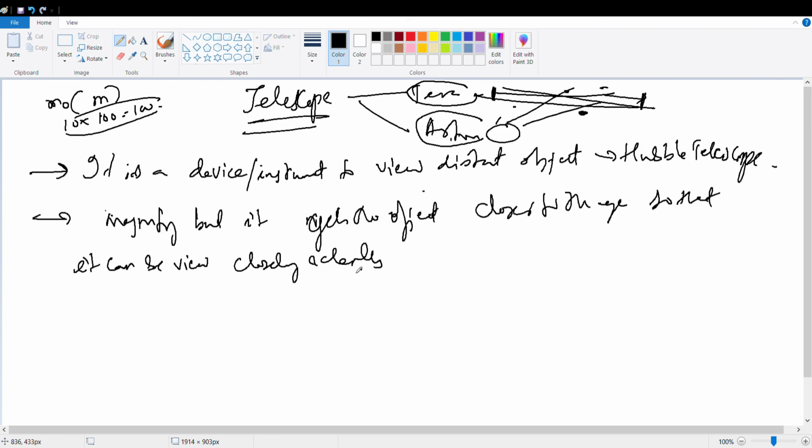Understood? Note this point, very, very important point. Clear? Yes or no? Yes, sir.